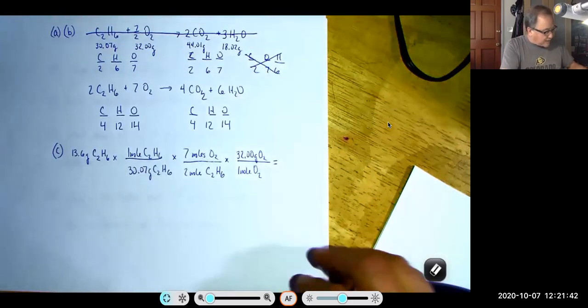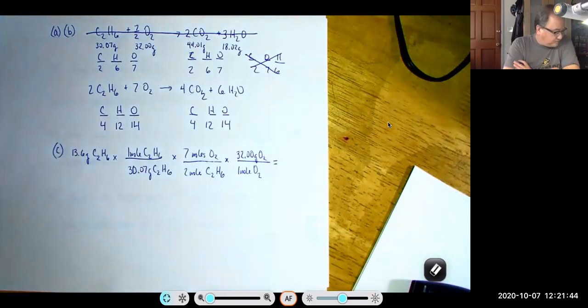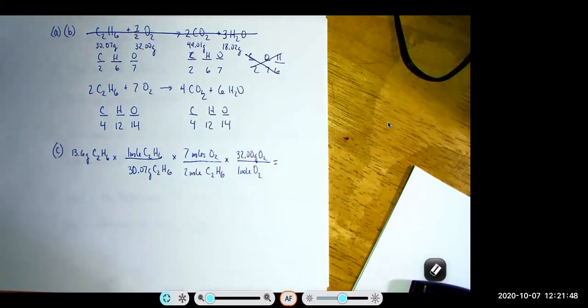Would you try to estimate this one for me? You could. The 2 moles of ethane go into the 32 grams easily, for 16.